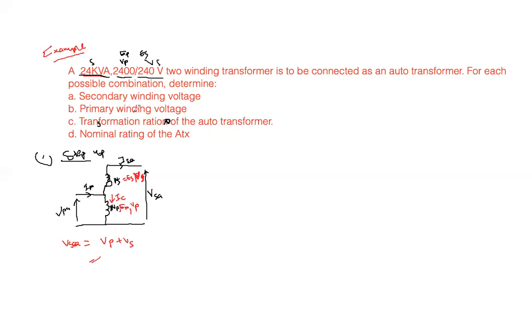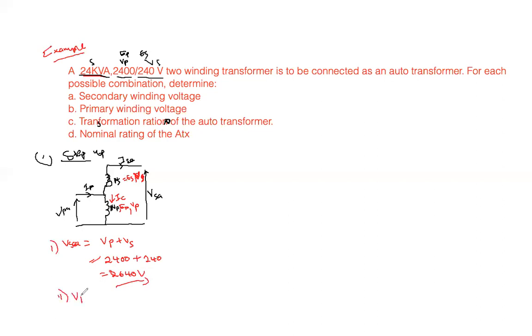We see that VP is equal to 2400 plus the VS, which is 240. If you add those, you get 2640 volts. So this is the secondary voltage of the autotransformer.